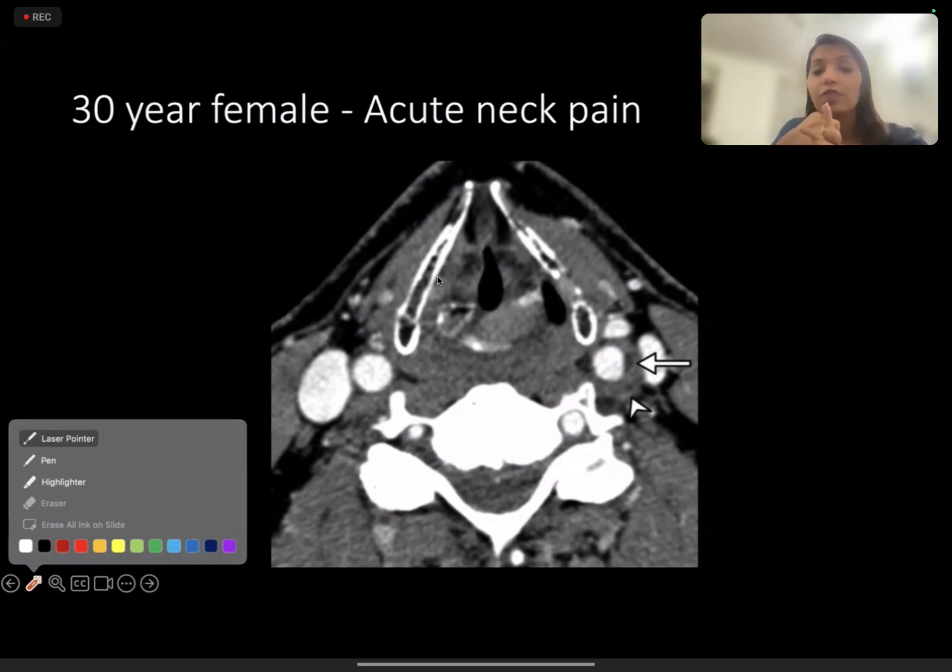On CT, we cannot differentiate between the retropharyngeal abscess and the prevertebral, but depending on the extent of infection, sometimes we can give a clue. Remember, prevertebral is part of the perivertebral fascia. As I said, it is really hard on CT to differentiate between the two, but on MRI we can differentiate.